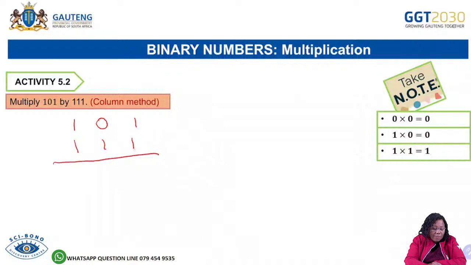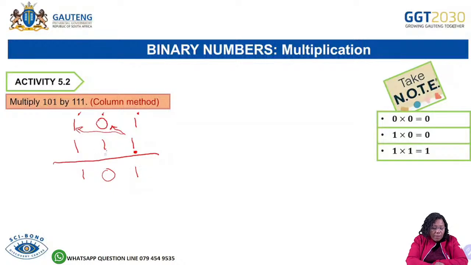So we will be multiplying firstly with this one throughout all the values you have there. So it will be 1 multiplied by 1, it's a 1. 1 multiplied by 0, it's a 0. And the 1 multiplied by 1 there, it's a 1.